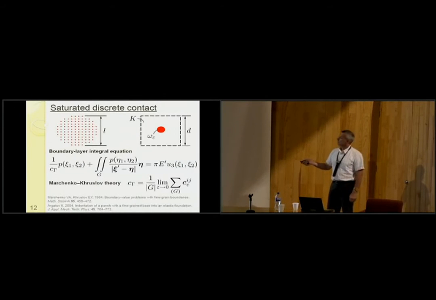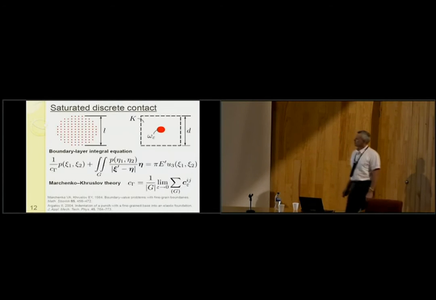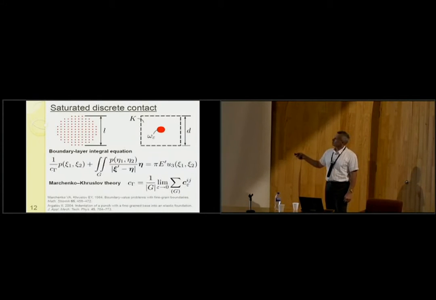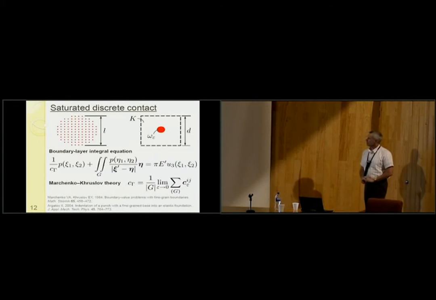So one limit case is Dirichlet boundary condition, the other limit case is the Neumann boundary condition. So this is somewhat intermediate case, and this asymptotic model describes the phenomenon of saturation of the contact interaction.